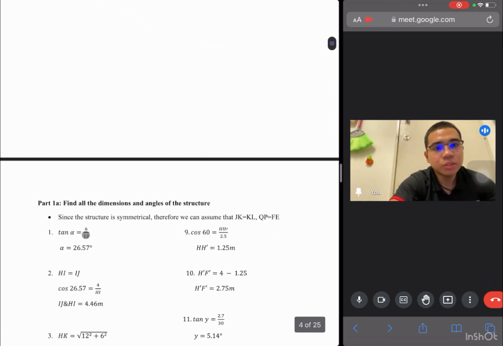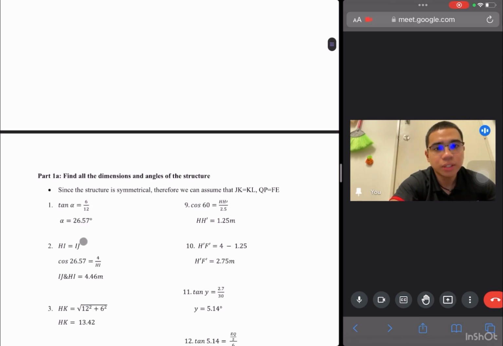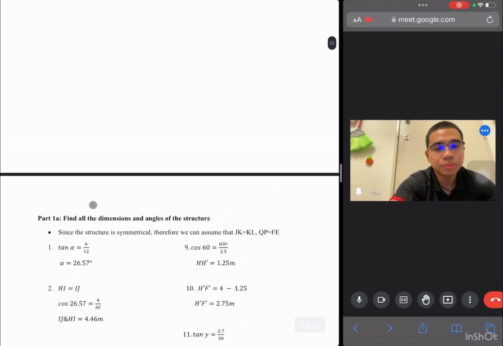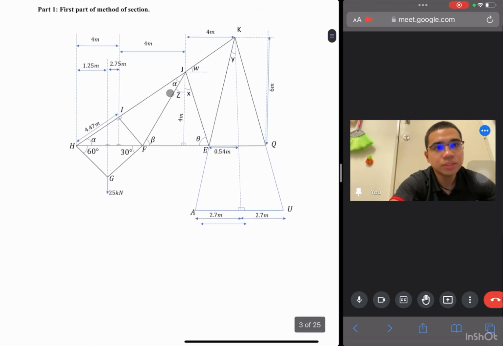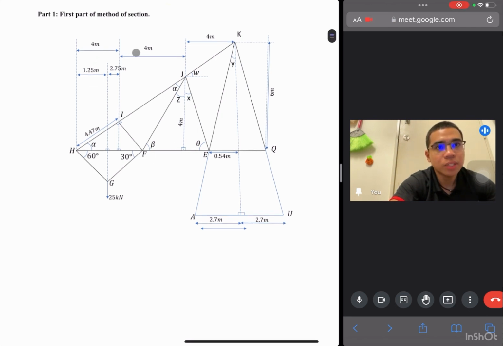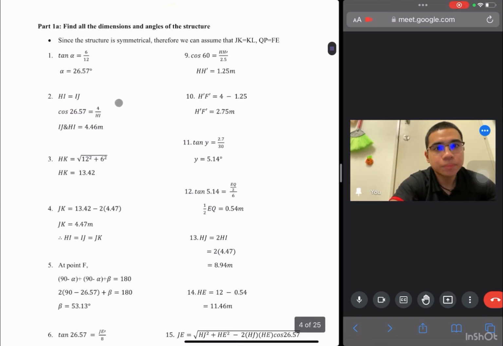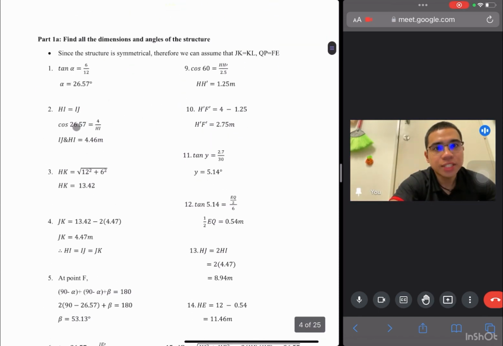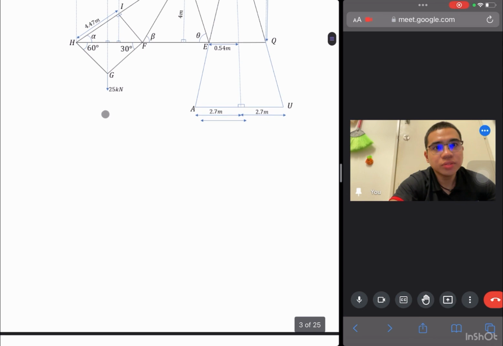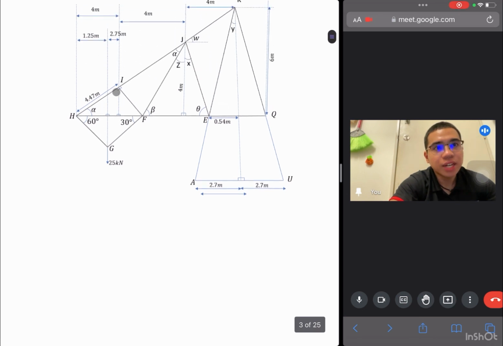So alpha equals 6/12, so alpha is 26.57 degrees. The 12 comes from 4 plus 4 plus 4. HI equals IJ.